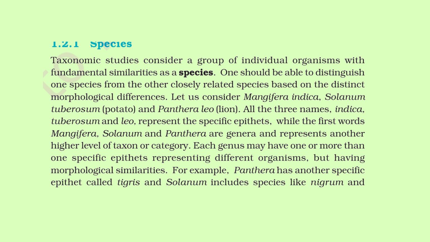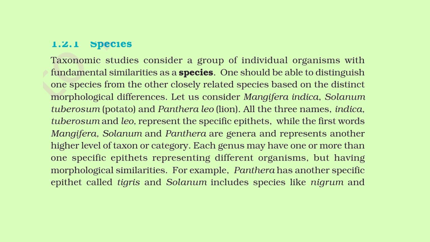Let us consider Mangifera indica, Solanum tuberosum, potato, and Panthera leo, lion. All the three names, indica, tuberosum, and leo, represent the specific epithets, while the first words, Mangifera, Solanum, and Panthera, are genera and represents another higher level of taxon or category.